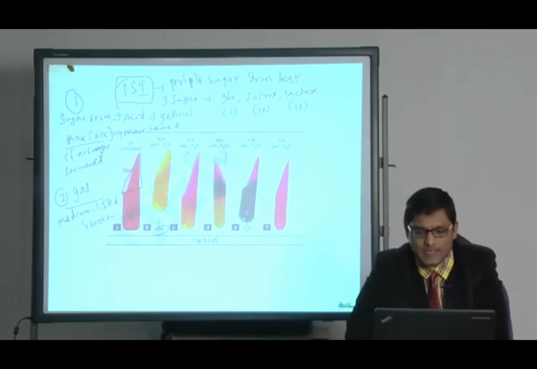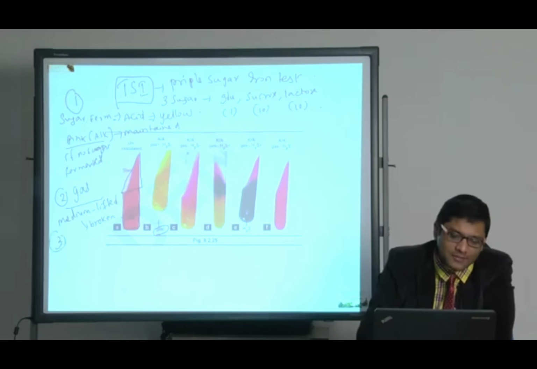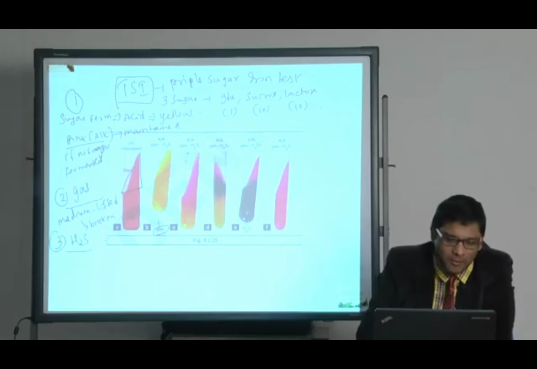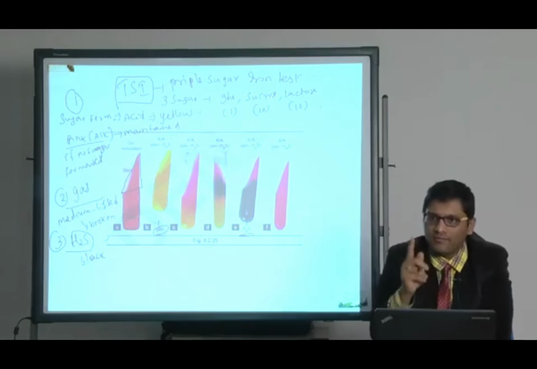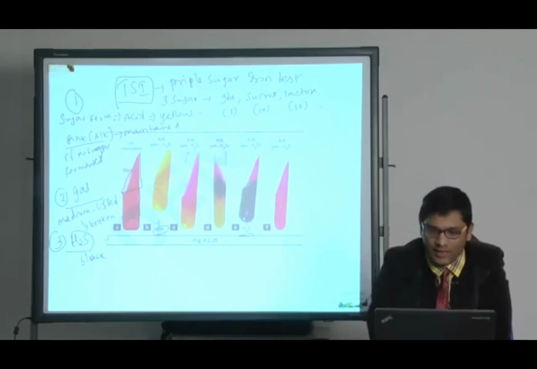Third property is whether the organism is producing H2S or not. If H2S is produced, then the medium will become black. Fine. If you are done with this, I will tell you now which organism will produce what kind of reaction.